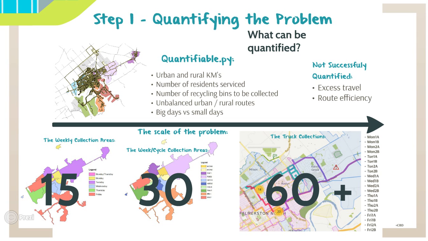Now, one of the first challenges was to really quantify what can be quantified and what can't be quantified. Route efficiency, for example, was not possible to quantify for what we were currently doing because we didn't know what the most efficient route would be. Urban and rural kilometres did lend itself. Also, the number of residents serviced by individual collections.